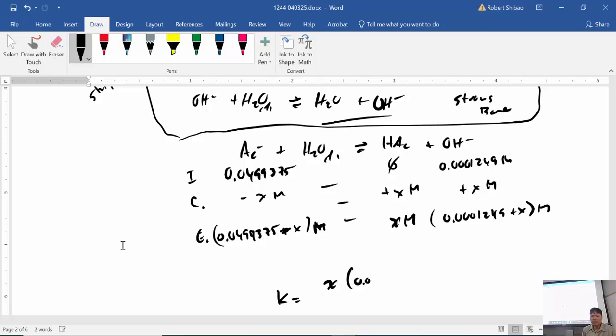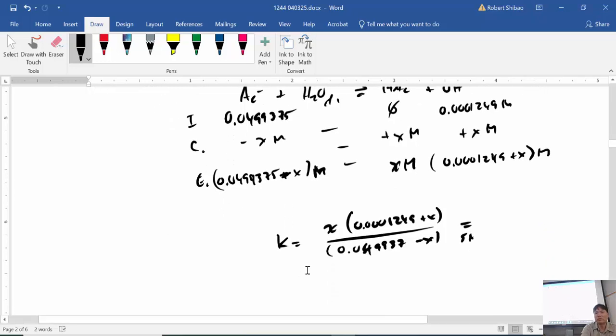X times 0.0001249 plus x over 0.0499375 minus x. I'd like to use the simplifying assumption for this, so we're going to just try it. For the simplifying assumption, I'm going to pick the smaller initial.